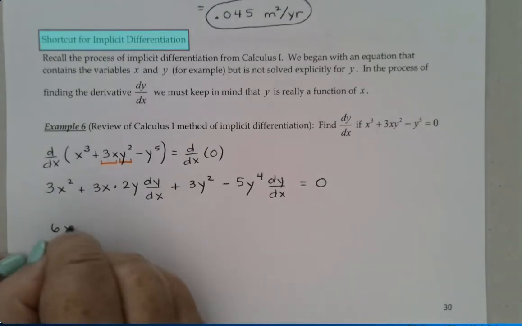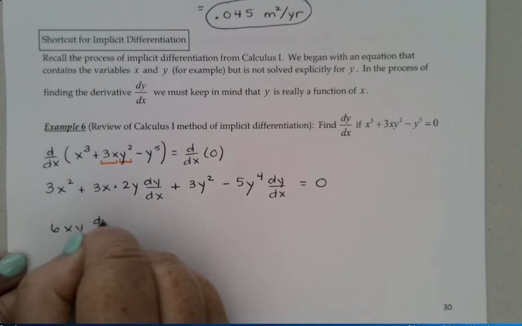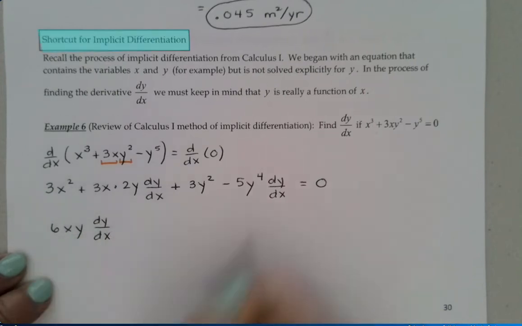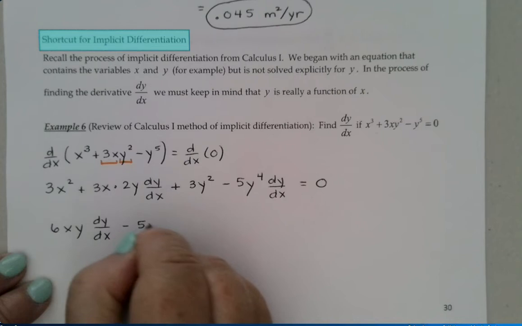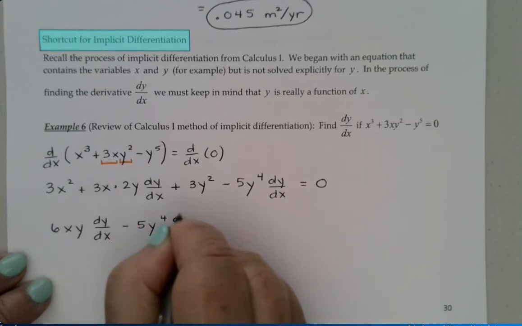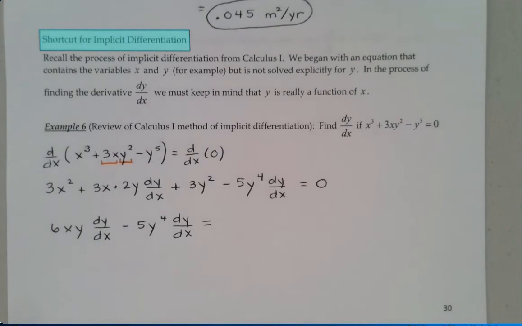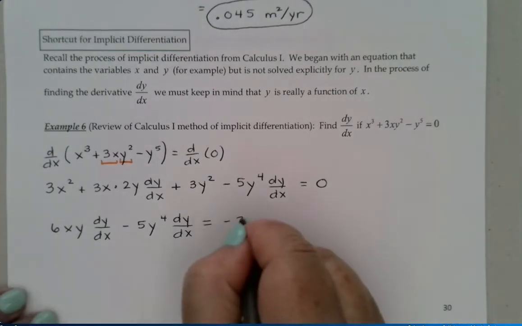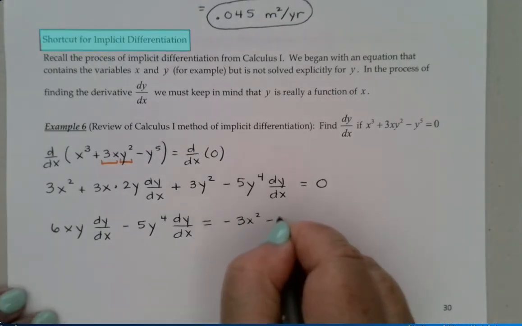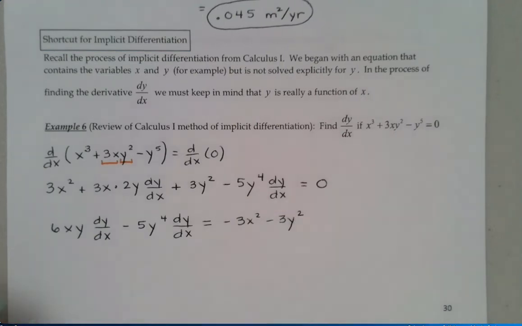So I would have 6xy dy dx minus 5y to the 4th dy dx. And on the other side, I'll have negative 3x squared and negative 3y squared. Okay. My goal is to find or solve for dy dx.